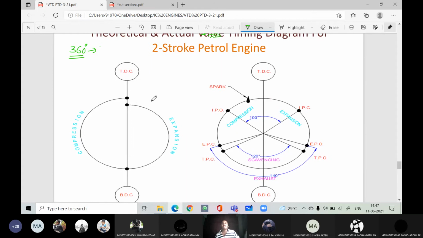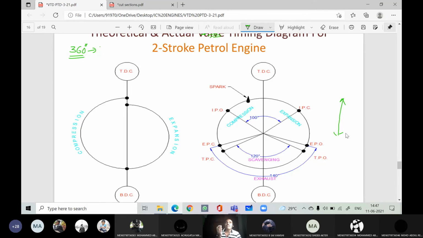But in the actual case, if you try to imagine the figure, the normal cut section that I explained, when the piston is moving from BDC to TDC, what is happening? First, what will close? Please imagine and tell me.